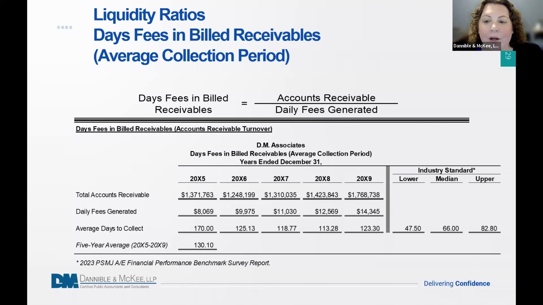What's going on here? We have seen some decline. We'd have to take a step back. Maybe we have a very large customer that pays every 120 days. Well, that certainly explains it, but we need to understand our customers and our billing and collections practices, and ensure that we're trying to get into that industry standard, which is 66 days.